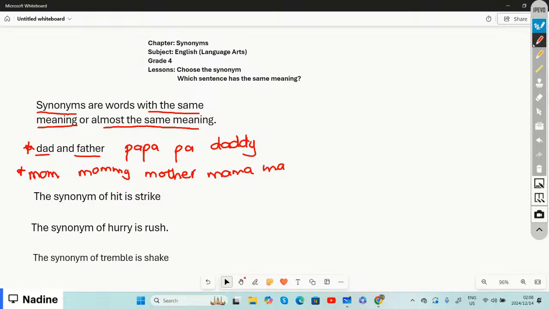And we call that synonyms. So in today's lesson, we're going to choose different synonyms. We're even going to say which sentences have the same meaning, because you'll even find sentences with different words. And even if I were to remove that word from the sentence and put another word there, that sentence would still be the same.